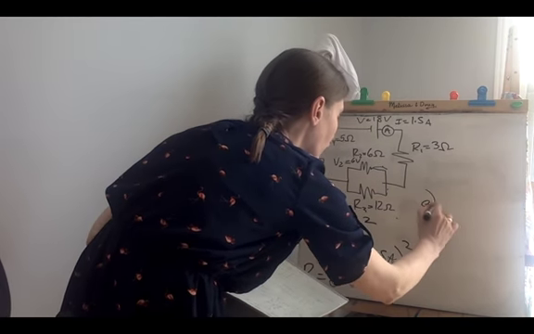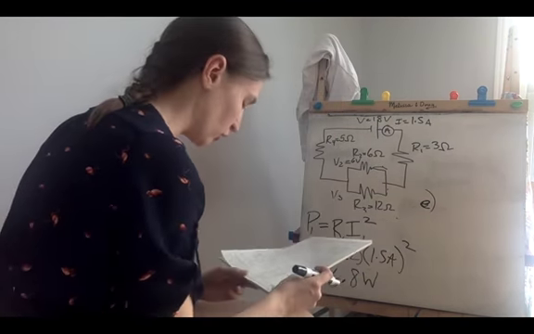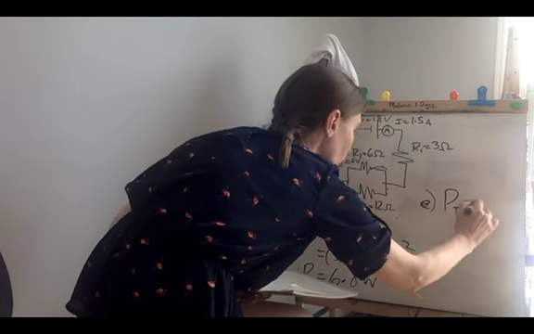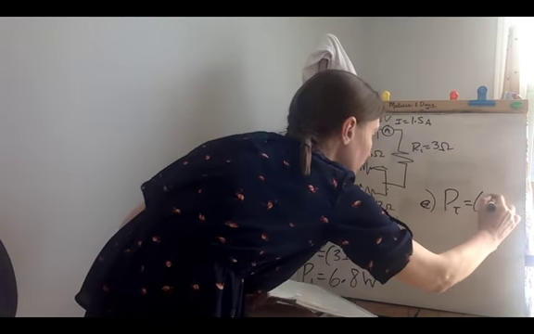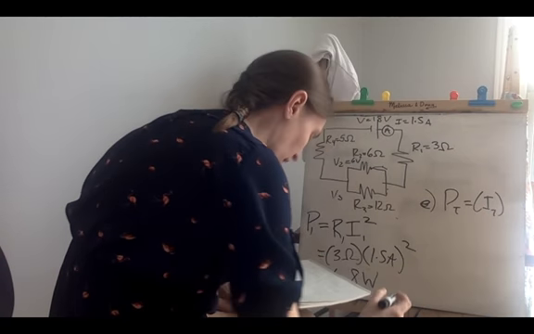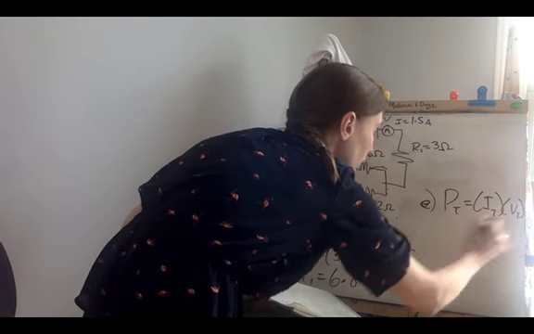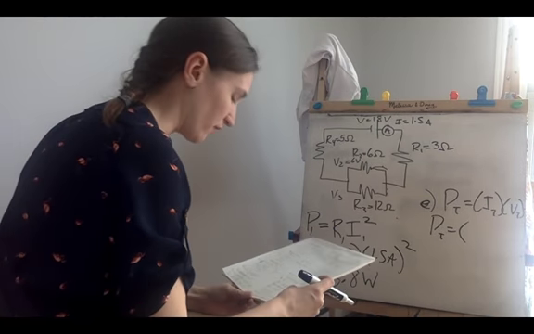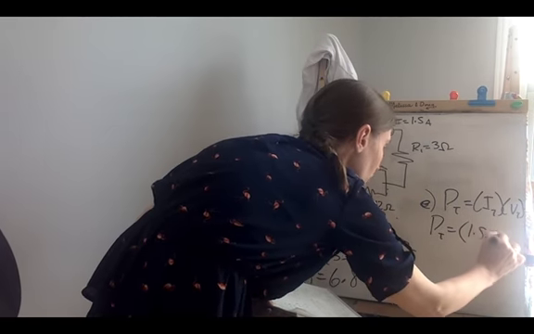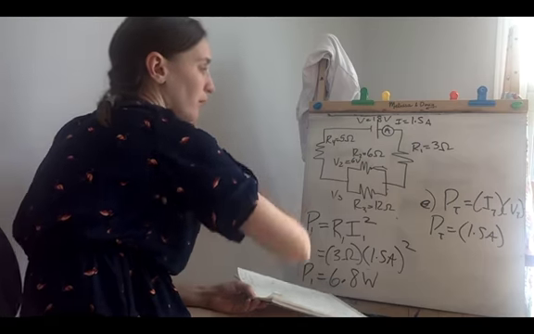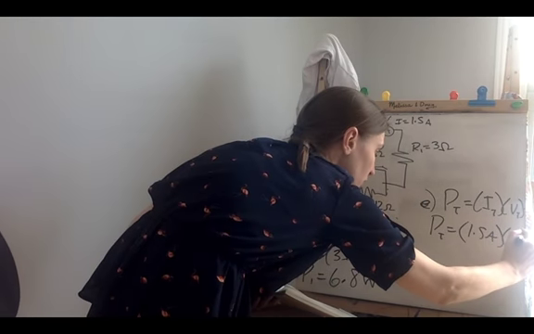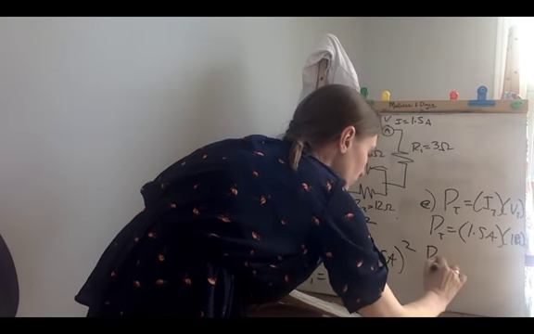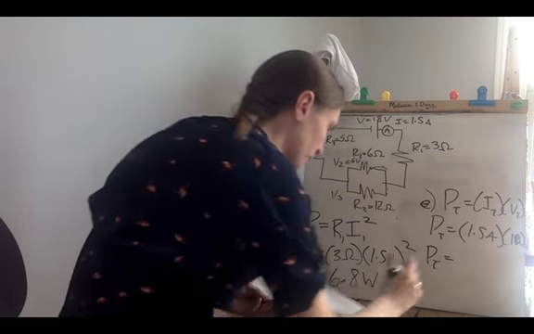So in that last part, you could also use a different version, which is that the total power is equal to the total current multiplied by the total voltage, right? And in that sense, we know that the total current is just 1.5 amps multiplied by the total voltage supplied by the battery, which is 18 volts. And when we do that, we get a value of 27 watts.